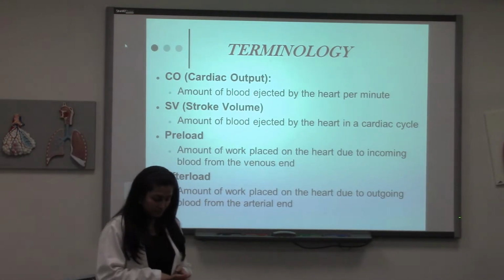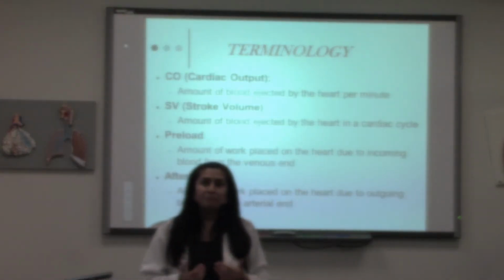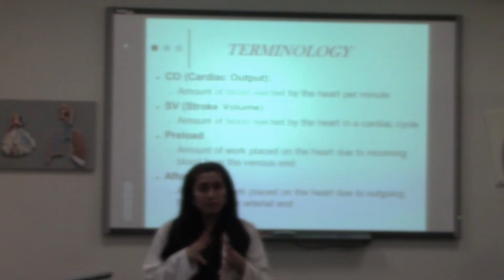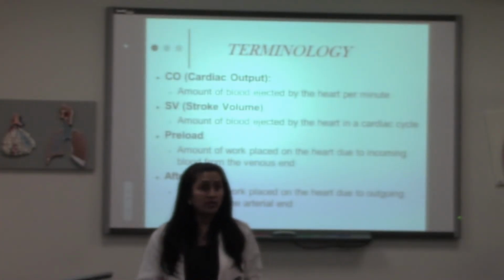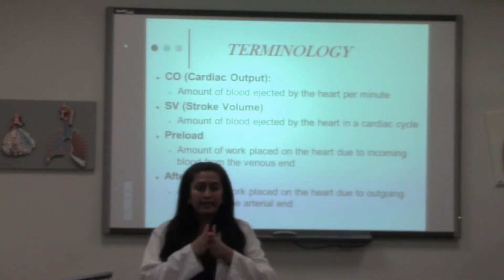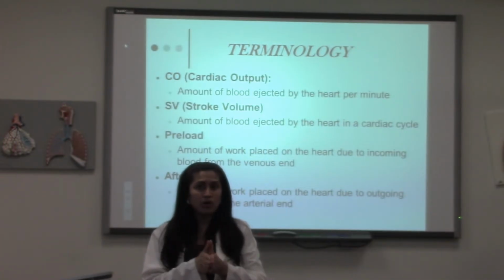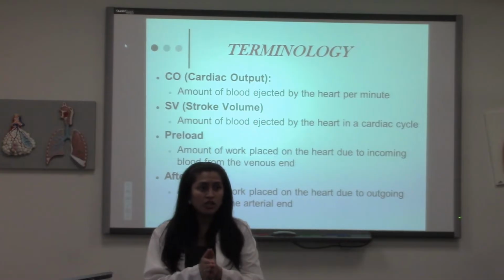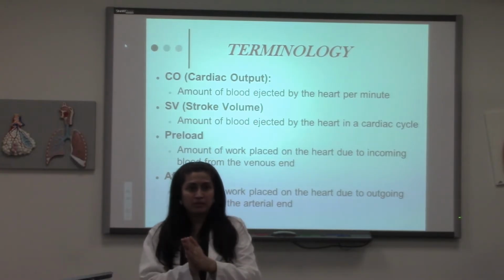Preload and afterload. These are just concepts. Preload and afterload are concepts to help you understand the workload on the heart. So preload is the amount of work placed on the heart due to incoming blood, so from the venous end.